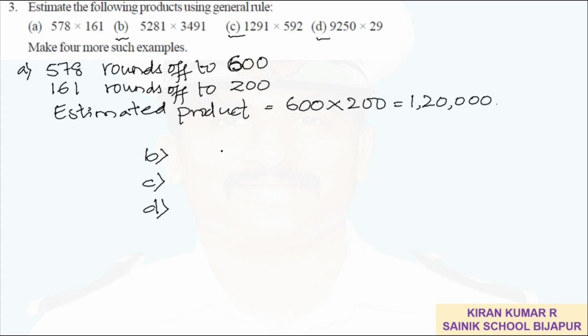For the second one, the answer you get is 1 crore 75 lakh. For the next one, you will get 7,80,000. For the last one, you will be getting 3 lakh.